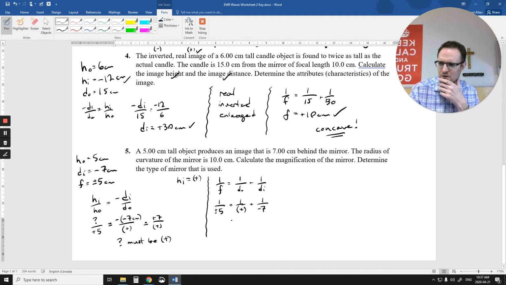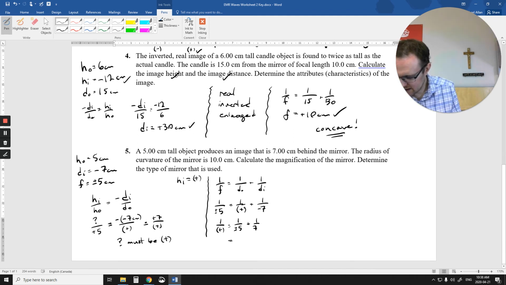So I'm going to add over the negative 1 over 7 here. So it's going to have 1 over plus or minus 5 plus 1 over 7. So by adding over, it becomes a plus there. I'm going to do the math twice. So what's 1 over 5? Well, 1 over 5 plus 1 over 7 is a positive number. Okay, so that's going to work.